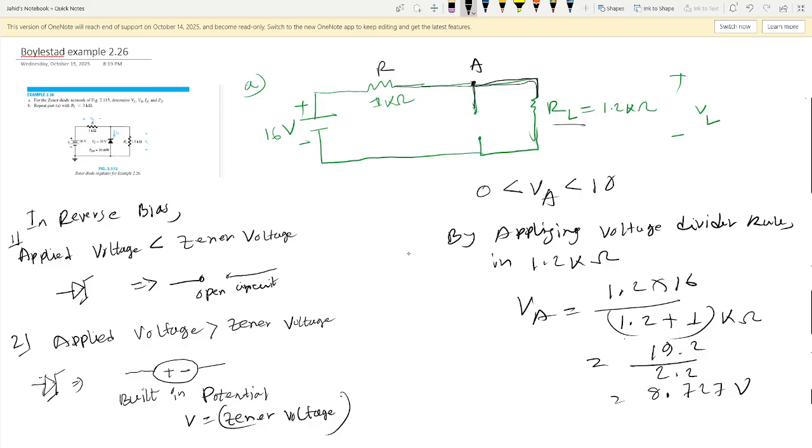So here our VR should be 16 minus VA. So 16 minus 8.727, we find 7.27 volt here.